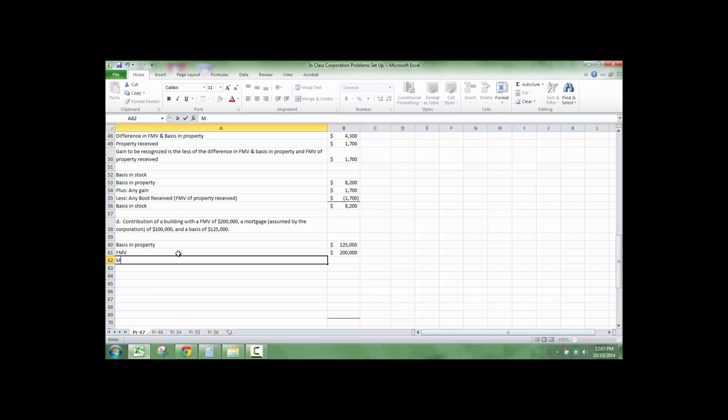And then we have mortgage assumed by corporation. So there's no gain because the mortgage assumed is less than the basis in the property.